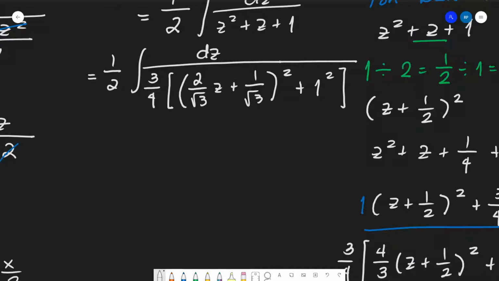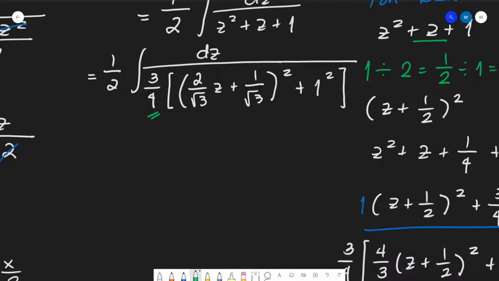Ayan. Okay? So, yan yung bago nating integral. Etong z squared plus z plus 1 naging, eto, yung buong yan. No? So, this is in the form of du over u squared plus a squared. No? So, pero hindi pa natin pwede i-substitute agad. We need still to check. Baka mamaya may neutralizing factor tayong kailangan. Diba? So, gagawin natin first, ayusin lang natin yung integral natin.